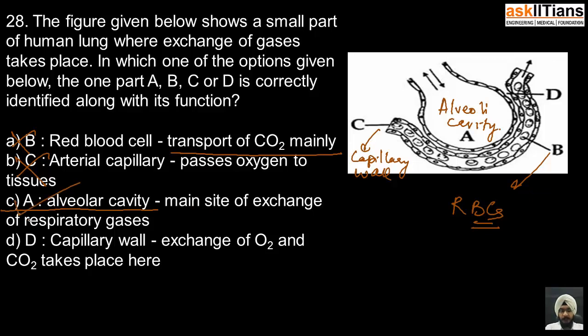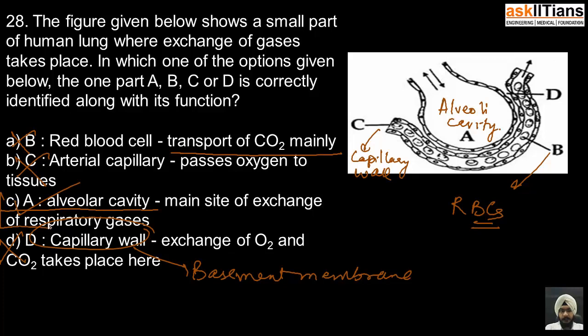And the D one says capillary wall, which is incorrect. It is actually the basement membrane. Though the exchange of oxygen and carbon dioxide is taking place, it is the basement membrane. So this is also incorrect.